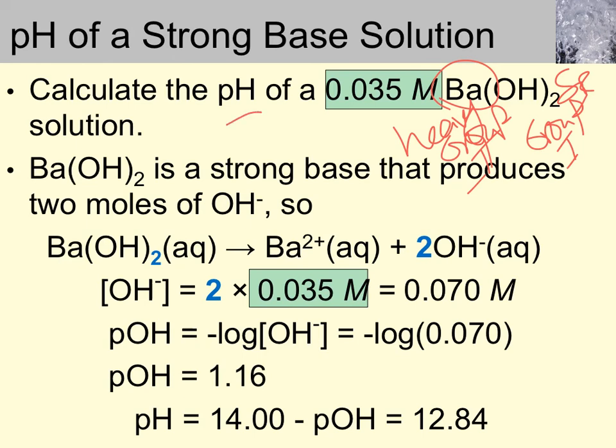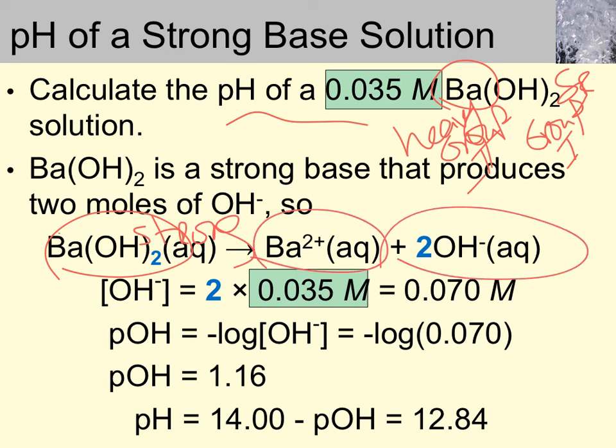So what is the pH of a 0.035 molar solution of barium hydroxide? Now, barium hydroxide, since it's a heavy group 2 metal, is in fact a strong base, and so 100% of it will dissociate, or will ionize. You have none of this original left. What you have to look at, though, is stoichiometry.